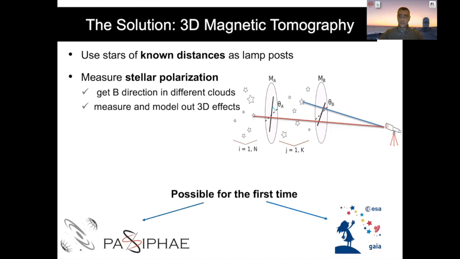And this approach is only now possible because of Gaia and PASIPHAE. ESA's Gaia mission has delivered reliable parallaxes for 1 billion stars, and PASIPHAE will deliver the necessary polarization measurements. And for the first time, we will be able to construct a tomographic map of the galactic magnetic field direction.